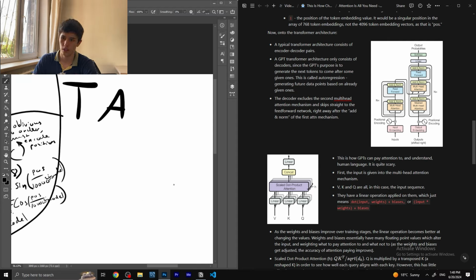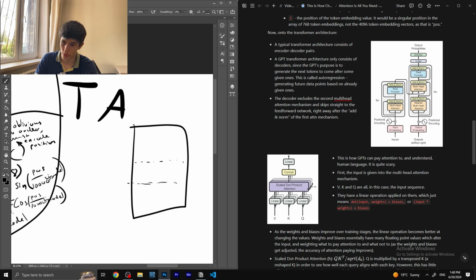But in a GPT, only the decoder is kept, while skipping this part over here, the multi-head attention mechanism, the exact part where the encoder puts in its information halfway. We just skip that part. We go through the multi-head attention mechanism, add and norm, then go to feed forward.